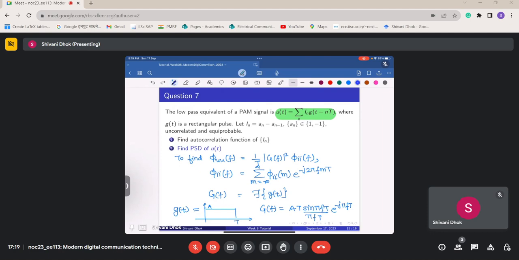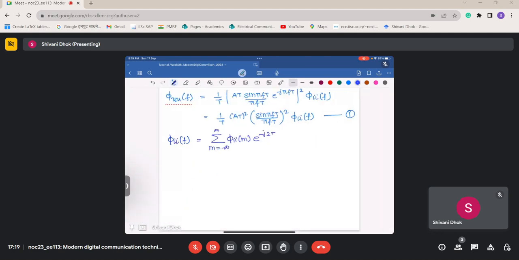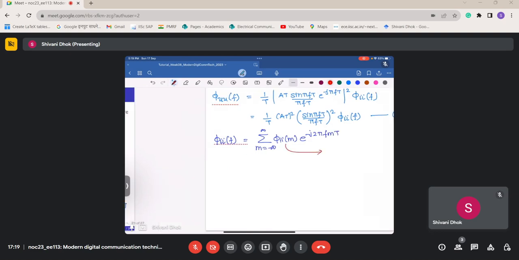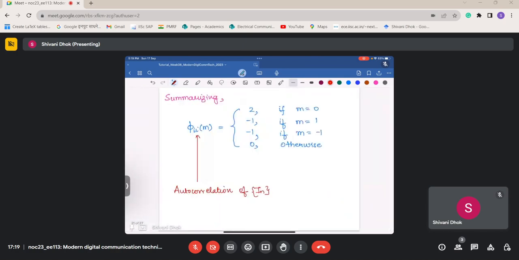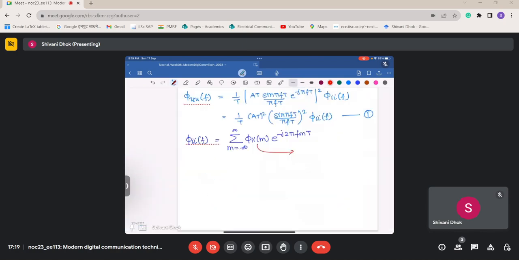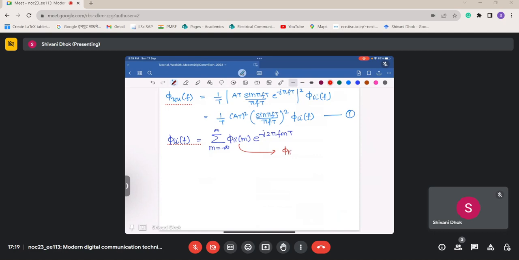Yeah, minus j 2π f m T. Now this phi_I(m) is obtained here. Let me just write it again: phi_I(m) is equal to 2 if m equals 0, minus 1 if m equals plus or minus 1, and 0 otherwise.